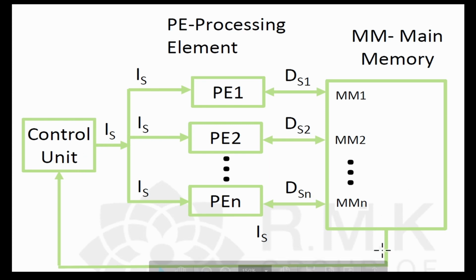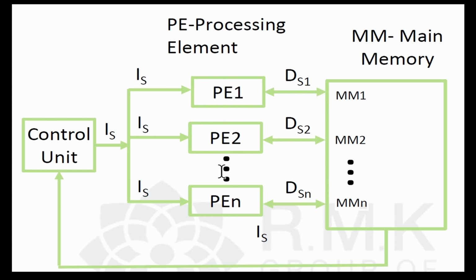So that instruction is decoded and the control unit will be generating the control signals. But for the data, the vector will be drawn from the memory. So if you have n elements, all the n elements will be added using different ALUs. Actually, processing element means ALU.